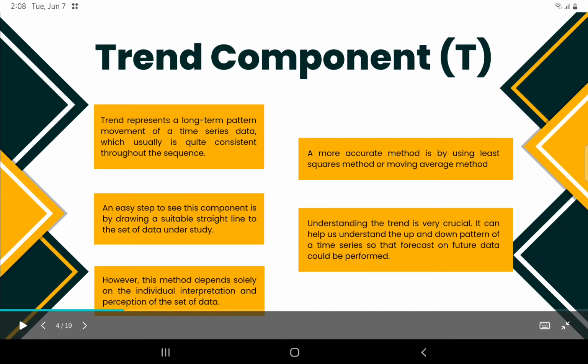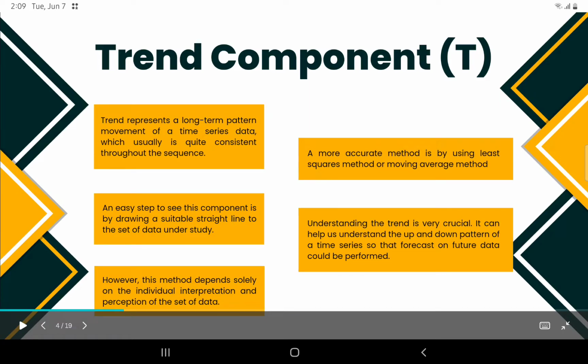An easy step to see this component is by drawing a suitable straight line to the set of data under study. However, this method depends solely on the individual interpretation and perception of the data set.